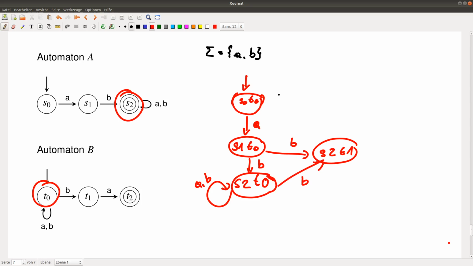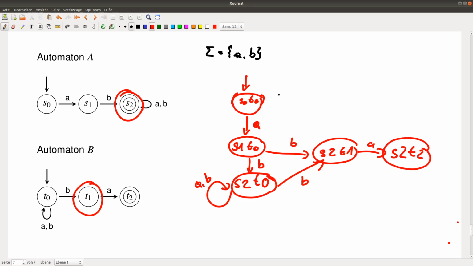Okay, so let's proceed with S2 T1 here. And what can we do here? We can proceed with an A, and the A brings us to S2 T2.